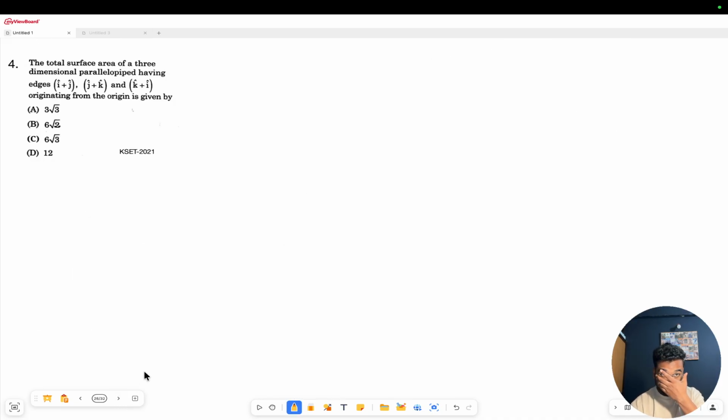Next, this is a little tricky question, not tricky actually, but you have to apply a formula. The total surface area of a 3-dimensional parallelepiped. A 3D parallelepiped is any structure which is like this.